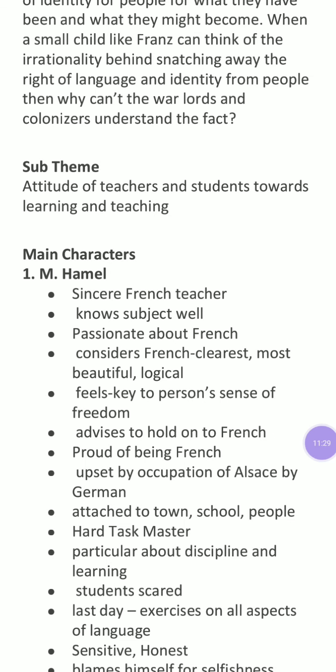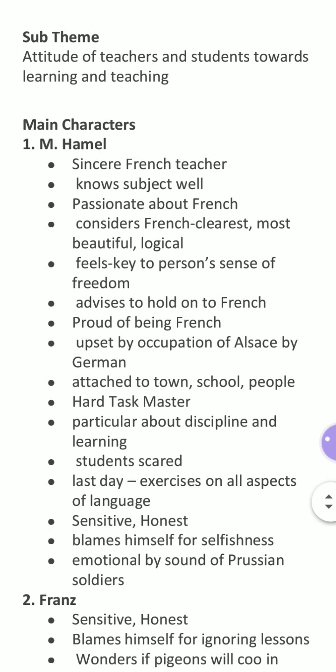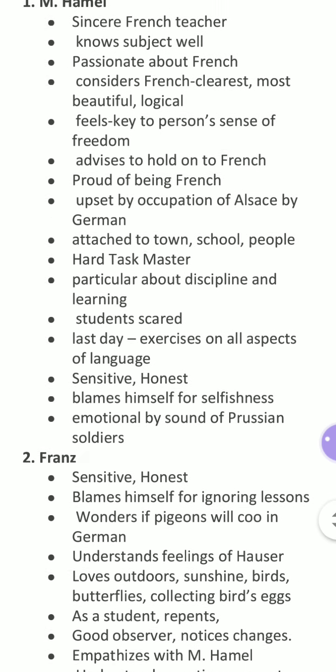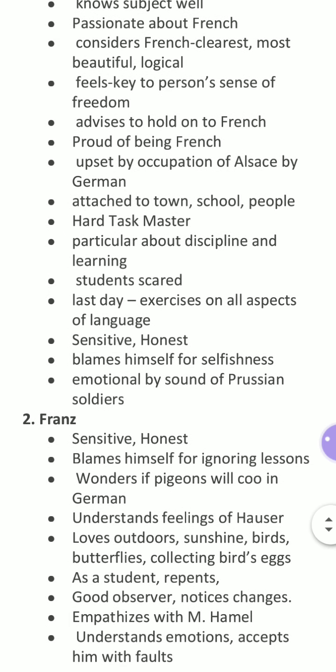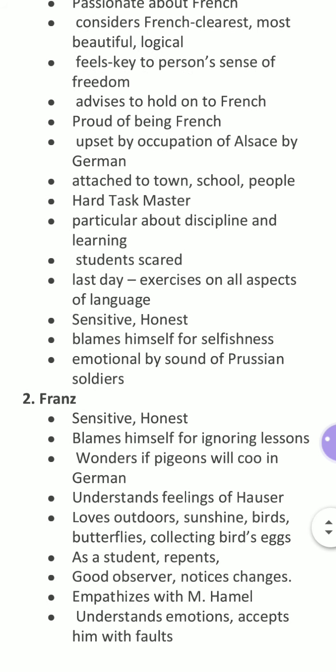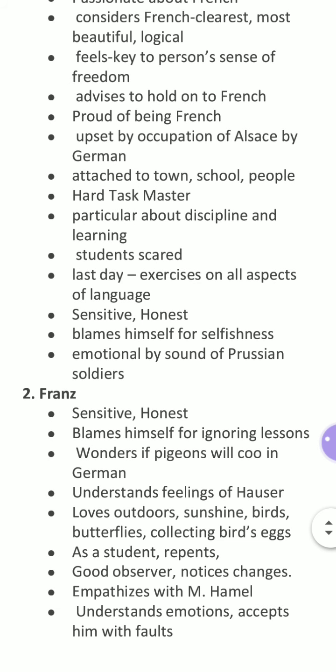So main characters are there. Mr. Hamel, sincere French teacher, knows subject well, passionate about French, considers French clearest, most beautiful, logical, feels key to personal sense of freedom, advised to hold on to French, meaning learn the language. Just like the Bengali people always speak in their language with each other. We Biharis don't.